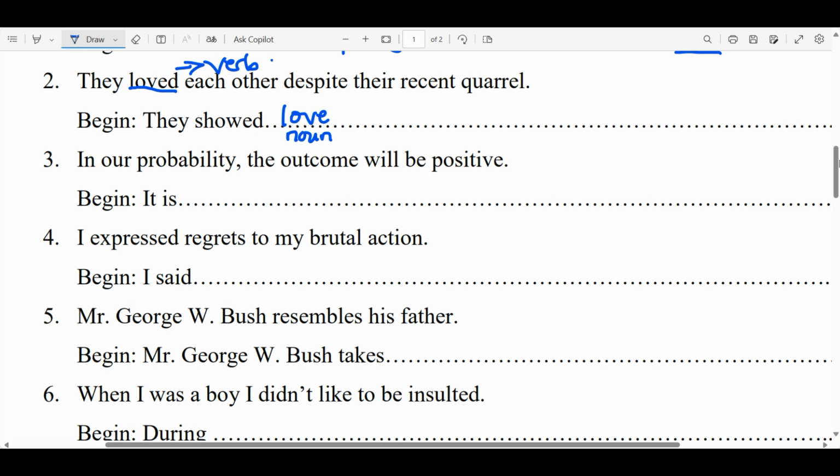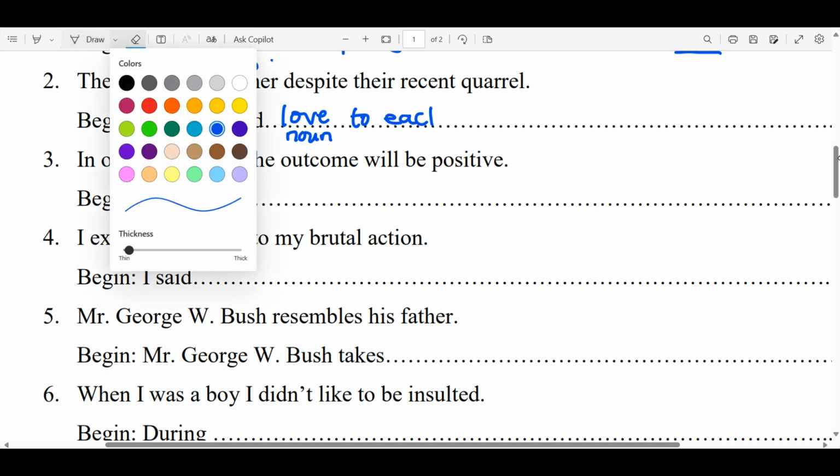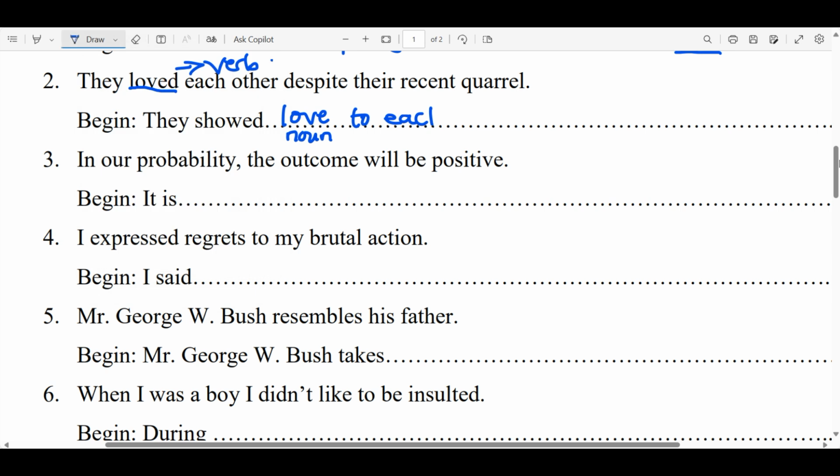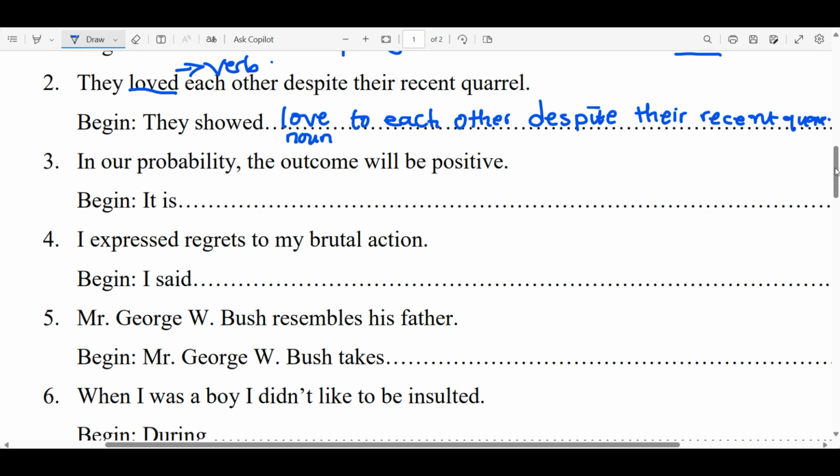So we say they showed love to each other despite their recent quarrel.